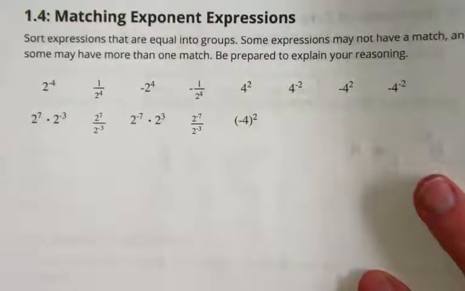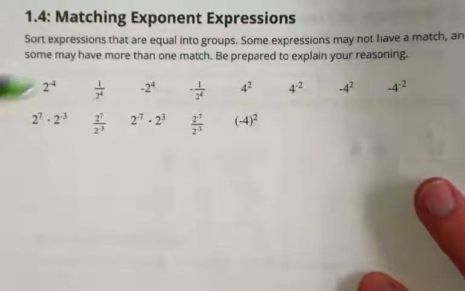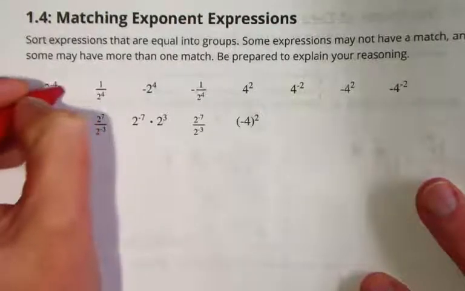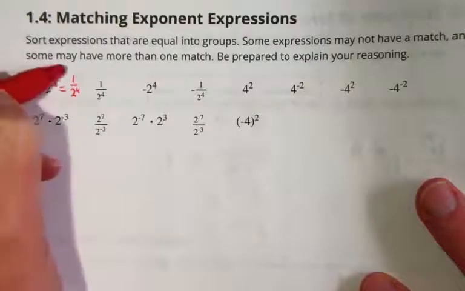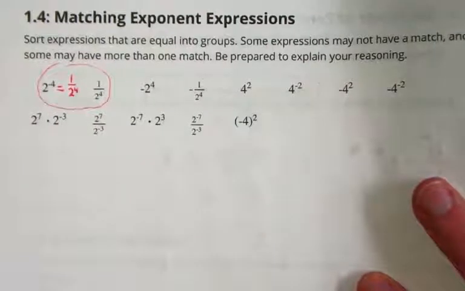So maybe you're looking at a couple of these things, like I see this 2 to the negative 4th is the first one that's in there. We just had a rule on the previous page we looked at that told us any negative exponent is going to kick it down to the denominator. So what do you know? These two actually have the same value.